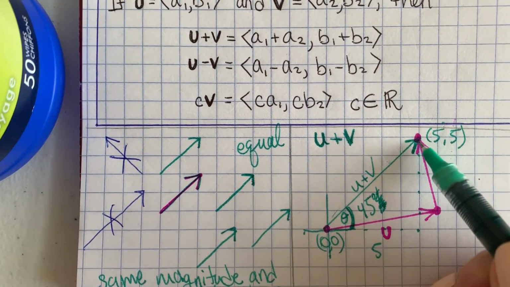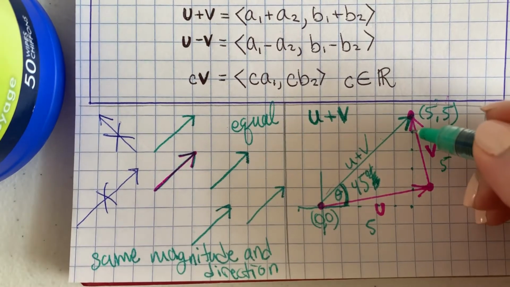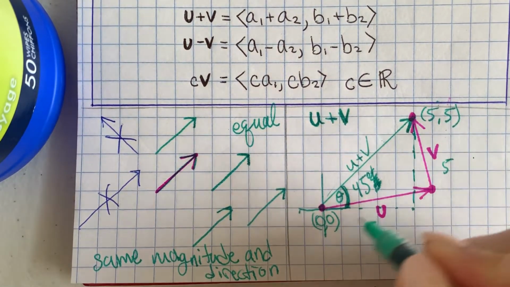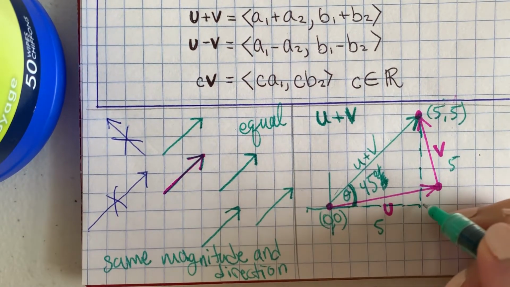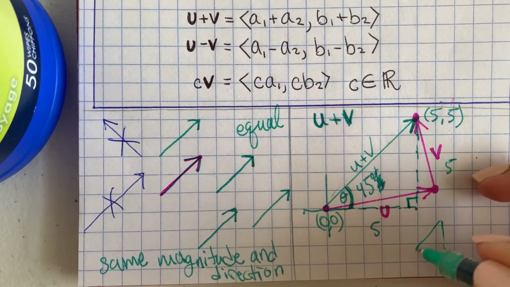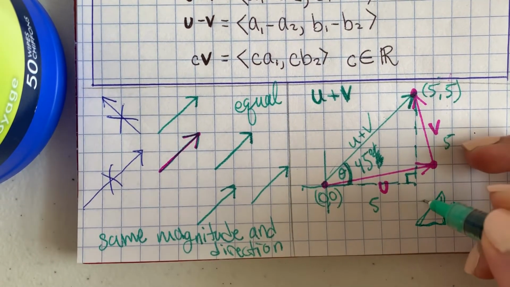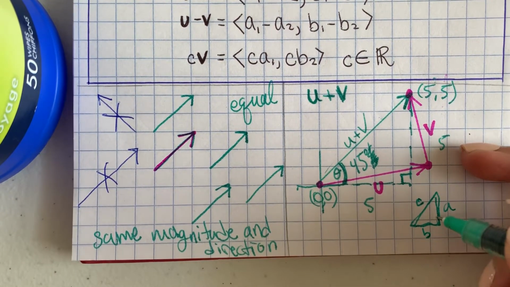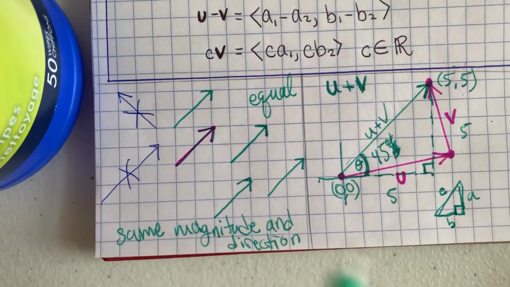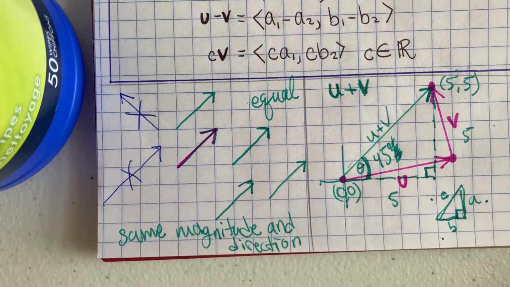Now the length, so we need the magnitude, which will be the length of u plus v. If you look at this, as we just said, it's an isosceles right triangle. So think back to your geometry. If these were named A, B, and C, and this were a right angle, you can use the Pythagorean theorem, a squared plus b squared equals c squared.